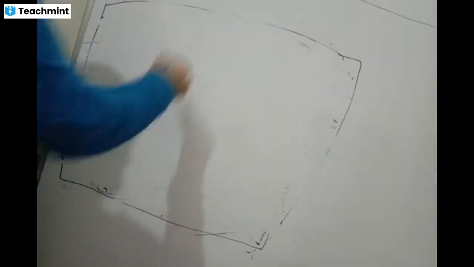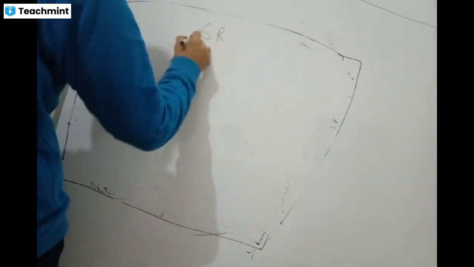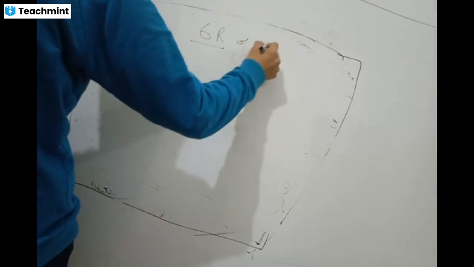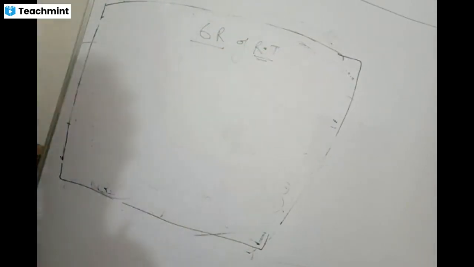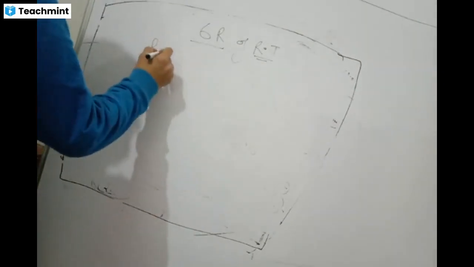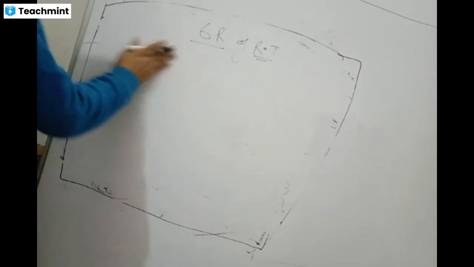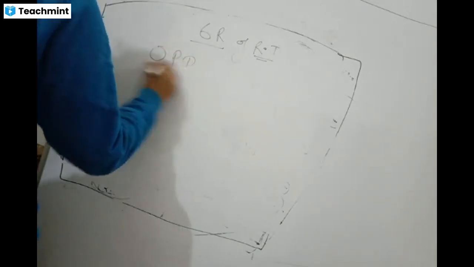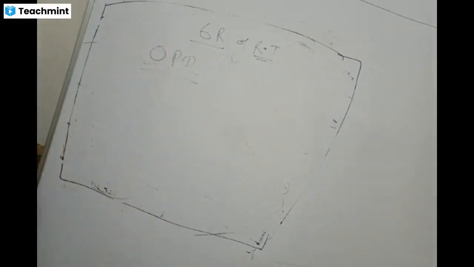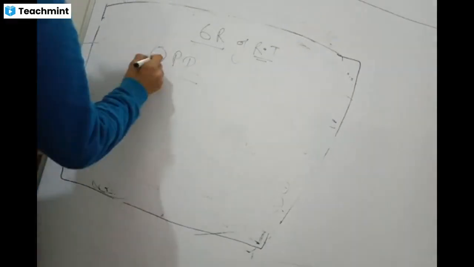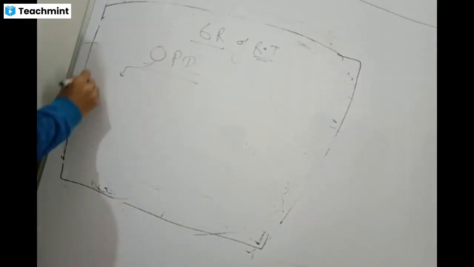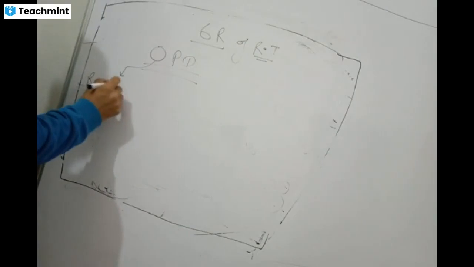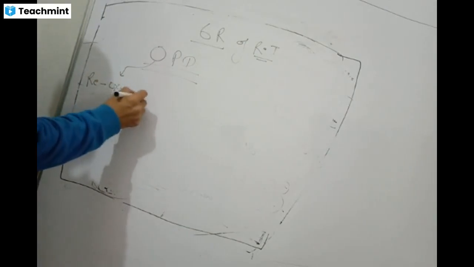At the end of the lecture, there are 6 Rs of radiotherapy. How to remember these? The trick is your clinic's OPD. First O will help you, reoxygenation.